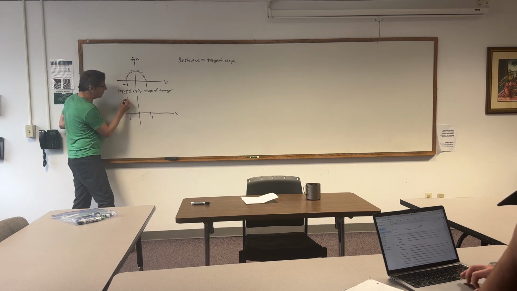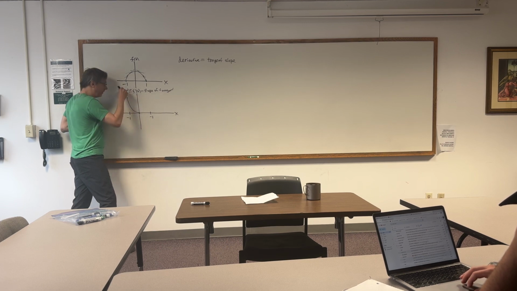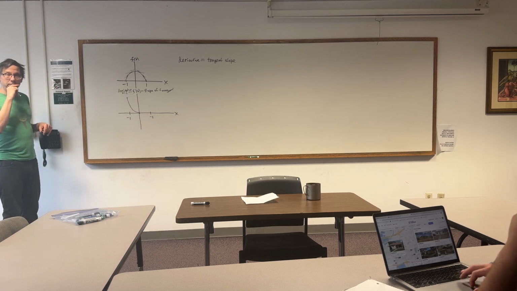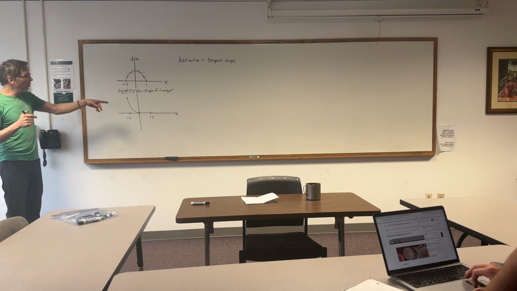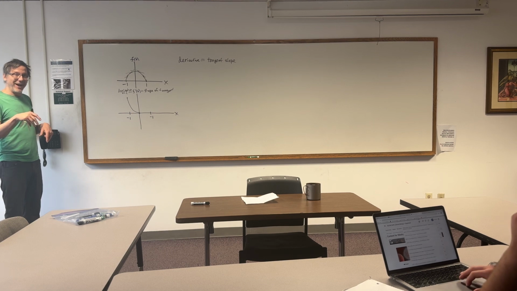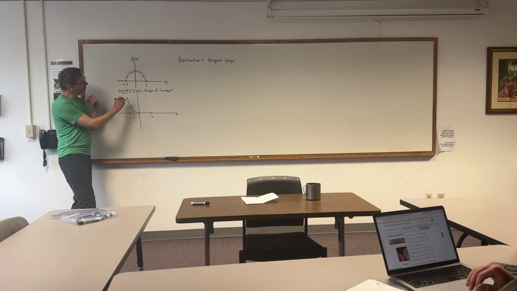So what I have to do between here and here is show this tangent slope starting out very positive and trending towards 0. Does that make sense? So what about the other side? Okay, what happens over here?